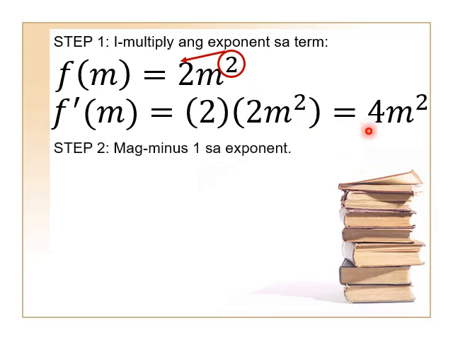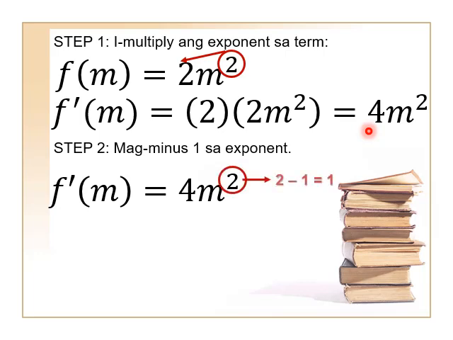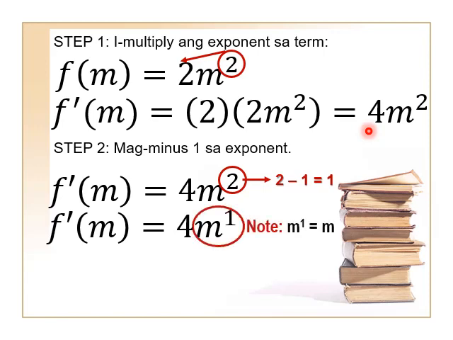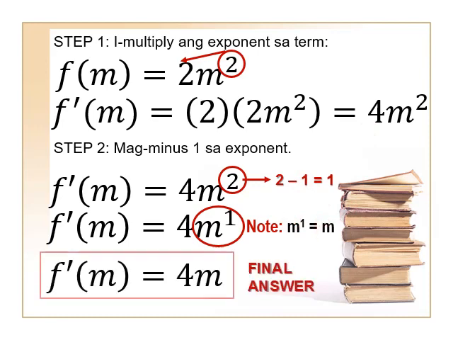Okay, and then mag-minus 1 sa exponent. So, yung 2 minus 1 is equal to 1. Kaya magiging 4m raised to 1. But let's take note na yung m raised to 1 is just equal to m. Okay? So, kaya yung final answer natin is f prime of m is equal to 4m.